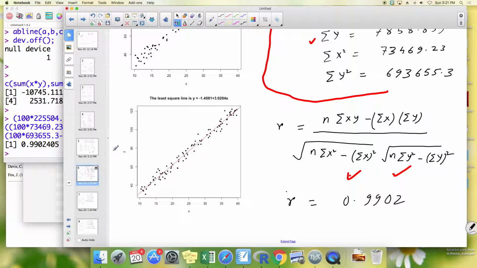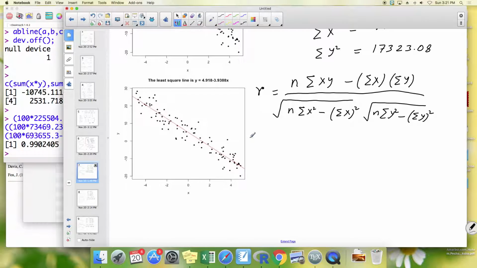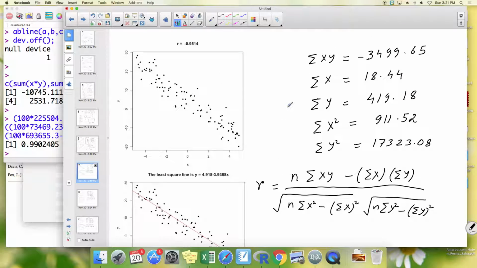Similarly, another example. So look here, the direction is negative, and we have these 5 values here. Oh, by the way, here also n equal to 100, and we have these values.